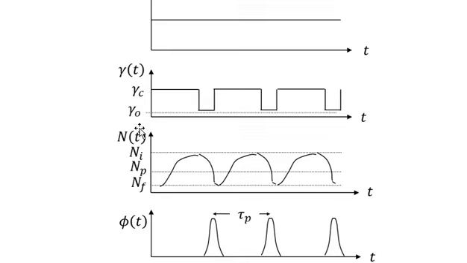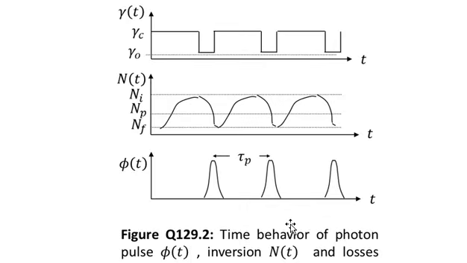You can see the population inversion is much similar to that of the pulsed pump rate case, and you can see that a number of pulses are emitted. These pulses are emitted in the same configuration as we have discussed for the pulsed pump rate case. And tau p is the time between two consecutive pulses.